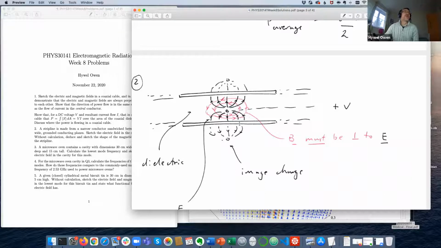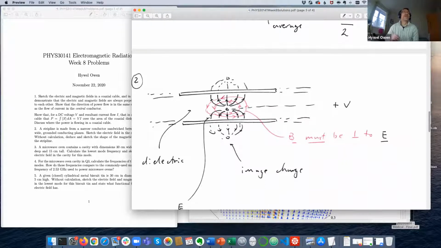And then I imagine, well, what does the magnetic field look like? Now we can solve for the electric field, and we could in principle solve for the magnetic field, but I said here in this question, deduce and sketch the shape of the magnetic field. The important thing to observe here is that we know that in any of these situations, remember this is a dielectric that lies between these two conducting layers, the magnetic field must be perpendicular to the electric field.